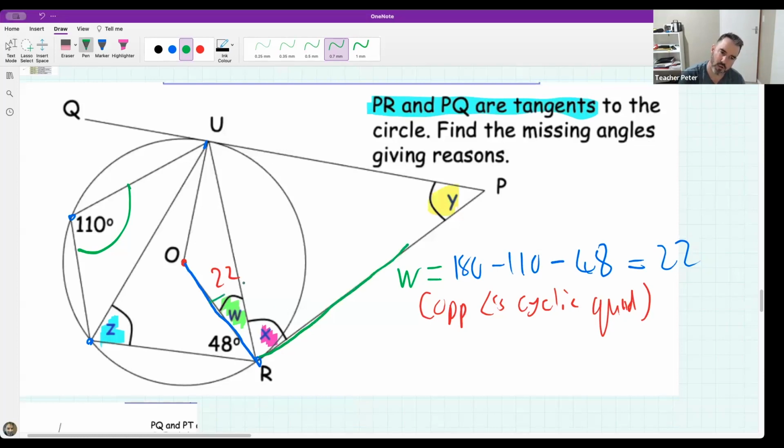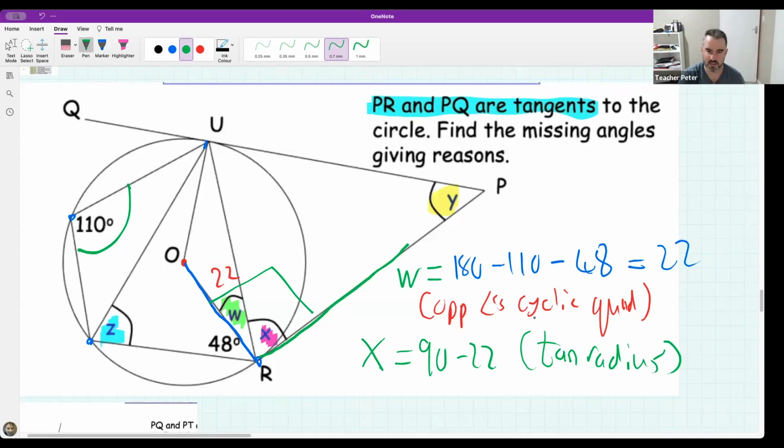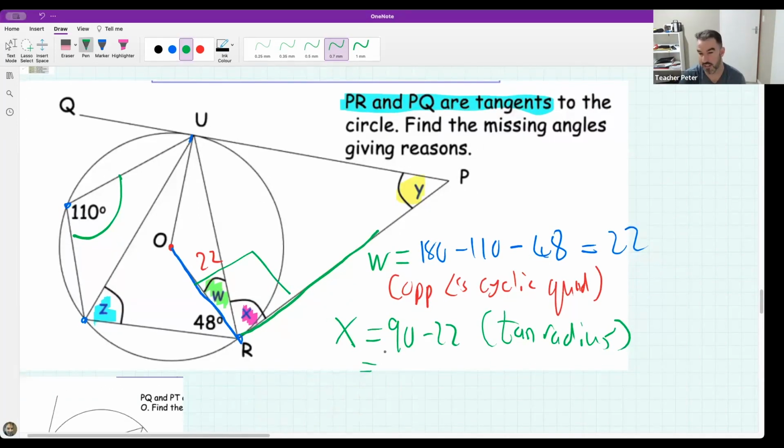And so we know this must be 90. So therefore, X must just be 90 minus 22. And the reason is the tan radius theorem. And what is 90 minus 22? It is 68. So this is 68.